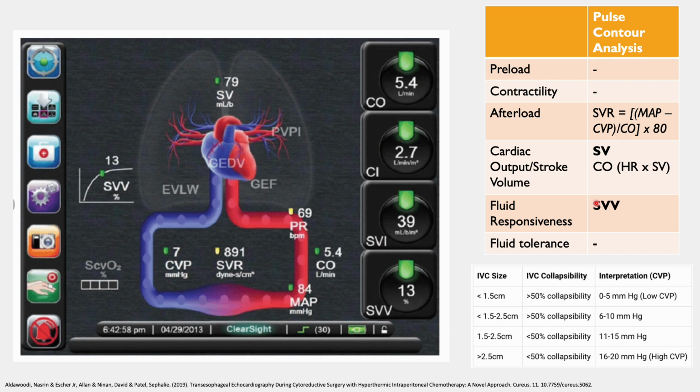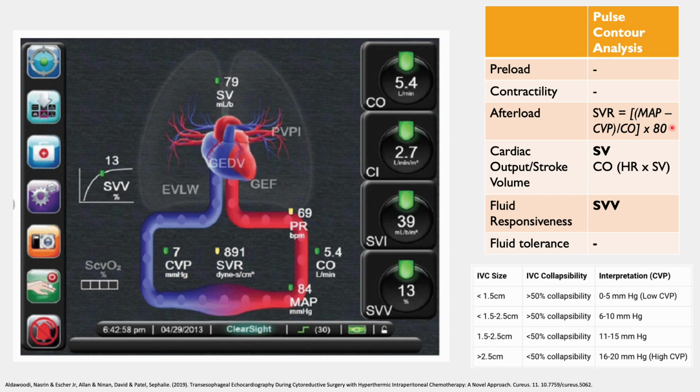Next, in order to derive systemic vascular resistance value, the mean arterial pressure and central venous pressure are needed, as seen from the equation here, where SVR equals mean arterial pressure minus the central venous pressure, divided by cardiac output, multiplied by a conversion factor of 80.